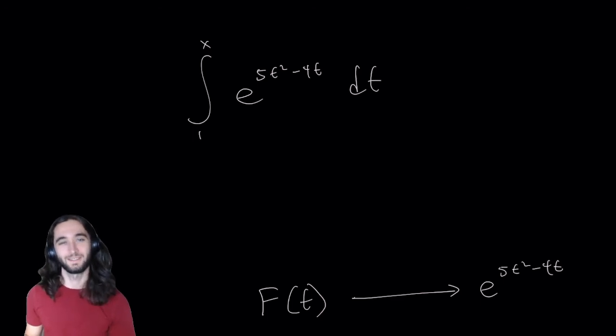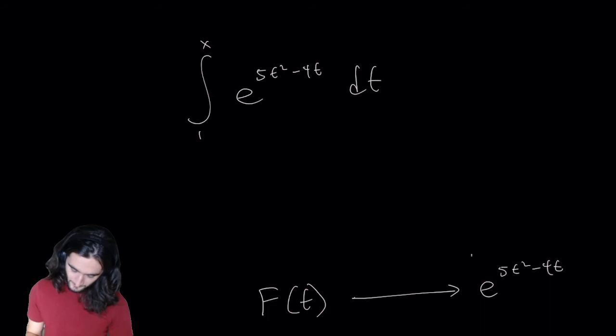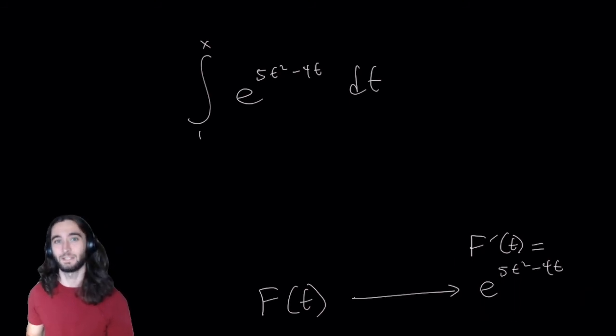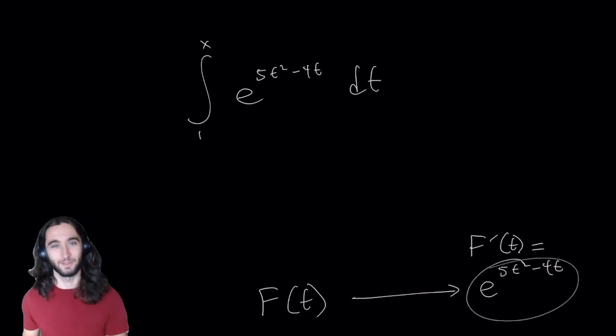So I'll just call it capital F. So capital F is the antiderivative of that function over there. Now I don't know what it is, but I'm just saying that function exists, and it has the property that when you take the derivative of that, you get that, right? So I'm defining this capital F to be exactly what we need, the antiderivative of this function, which I'm not going to bother to figure out.